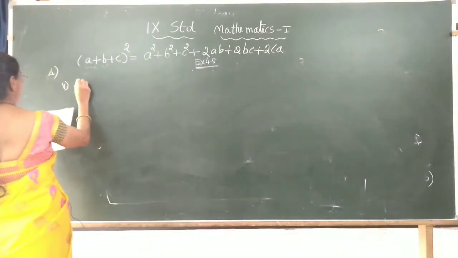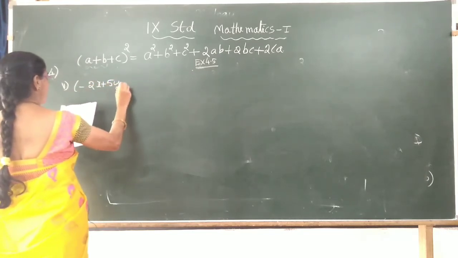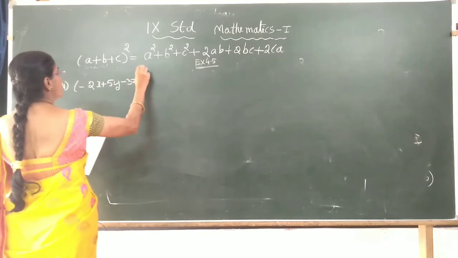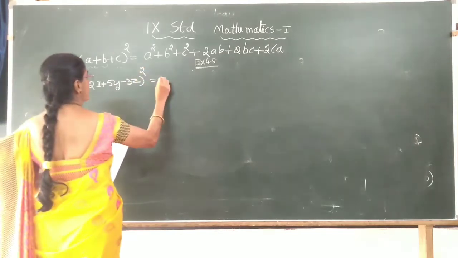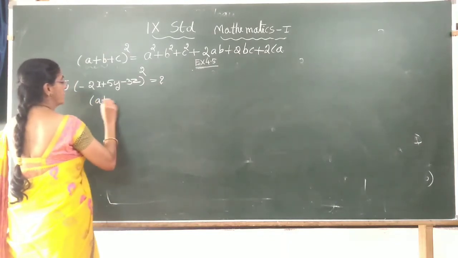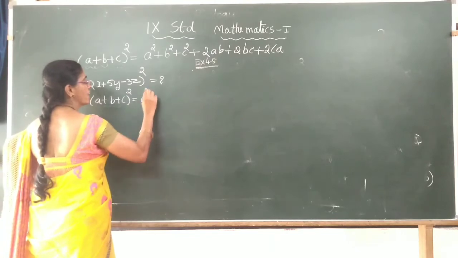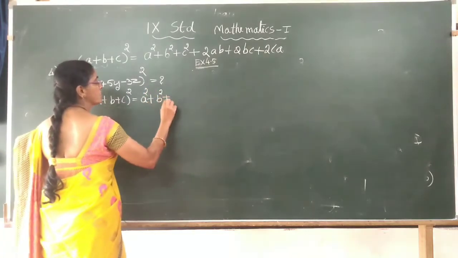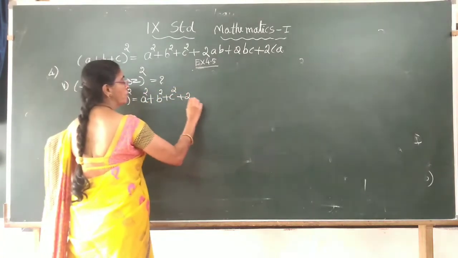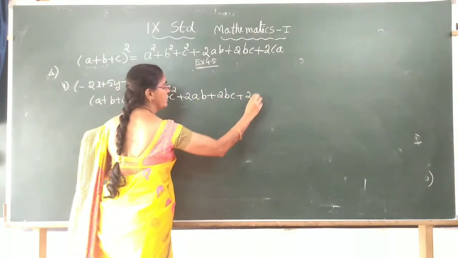Fifth one, we'll see. It has xy in it, no? So we'll take (−2x + 5y − 3z)². Expand. Now write the identity again and again: (a + b + c)² = a² + b² + c² + 2ab + 2bc + 2ca, right?